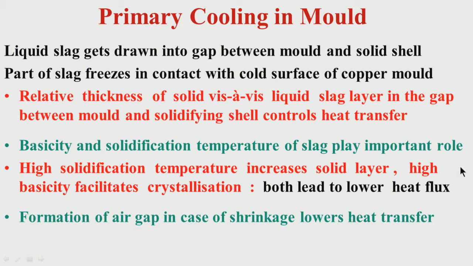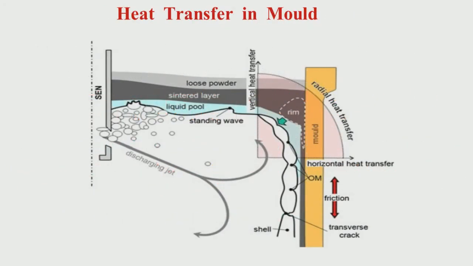This is again very important to understand how the cooling is taking place in the mold, what are the causes of heat transfer, the horizontal heat transfer which I was showing here, how this horizontal heat transfer is dictated by the two layer thickness, one is the solid layer and the liquid layer. The relative thicknesses of this solid and liquid layer will determine the horizontal heat transfer, and this will determine how the shell will grow. This is very important to understand.